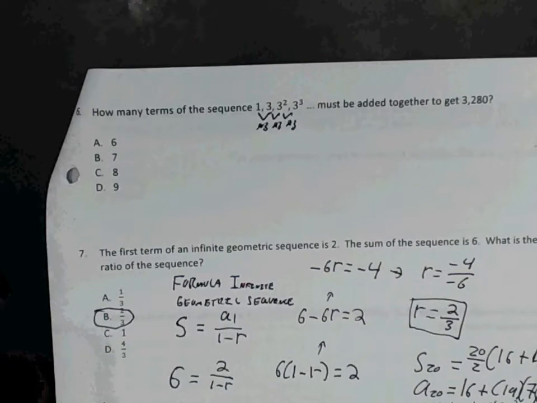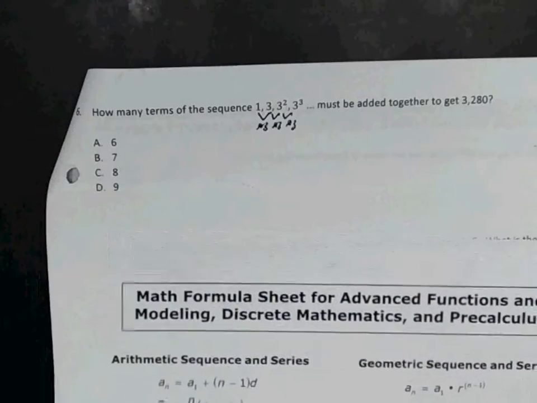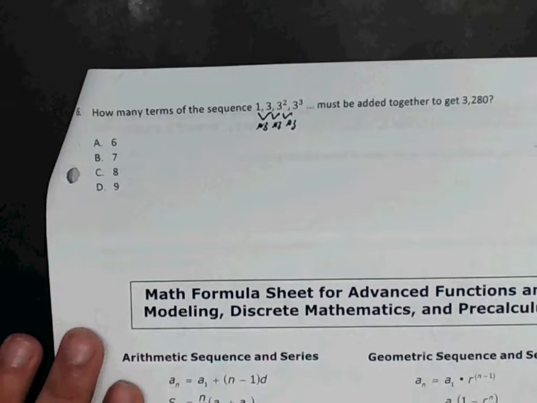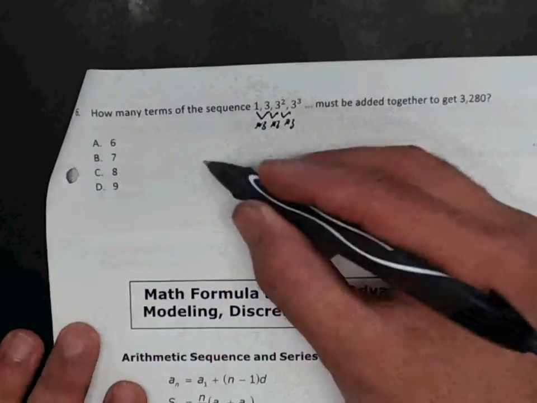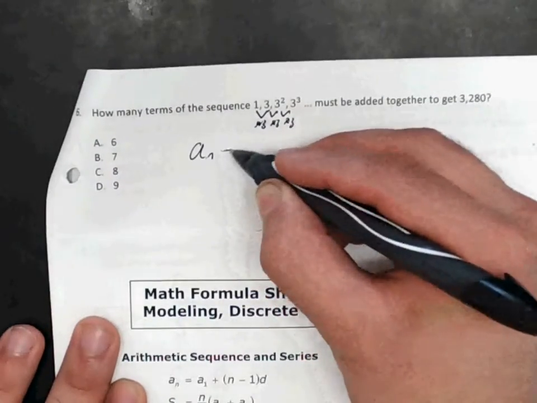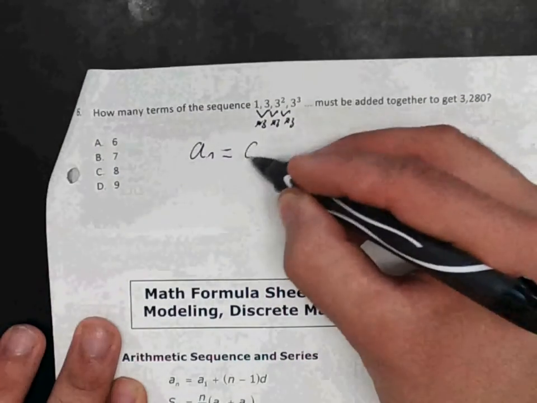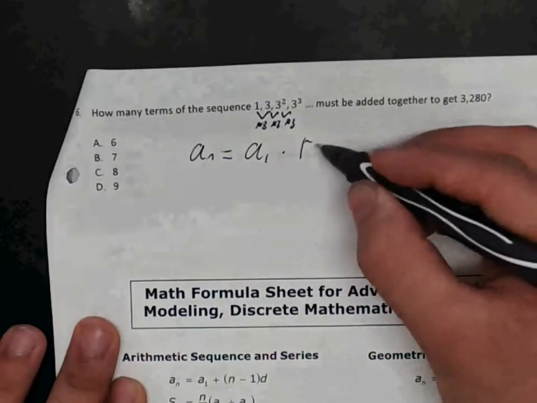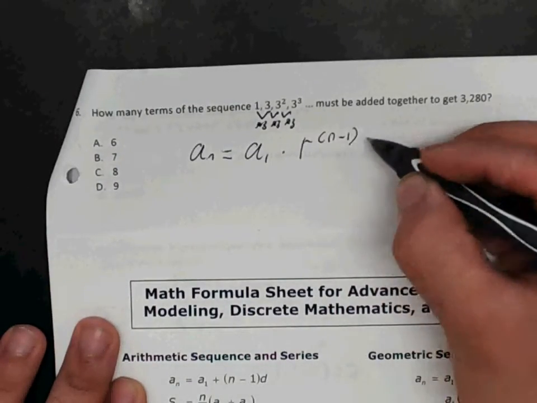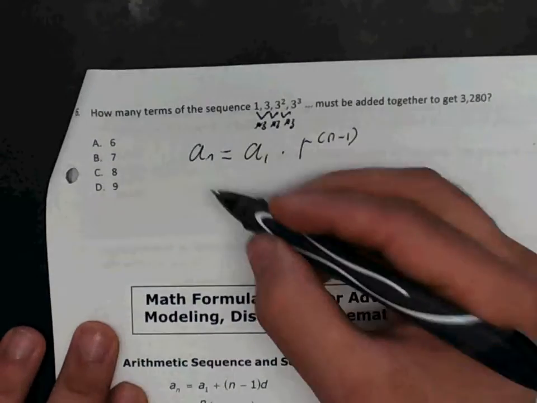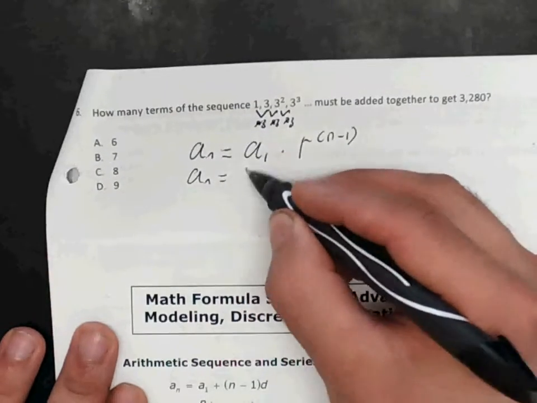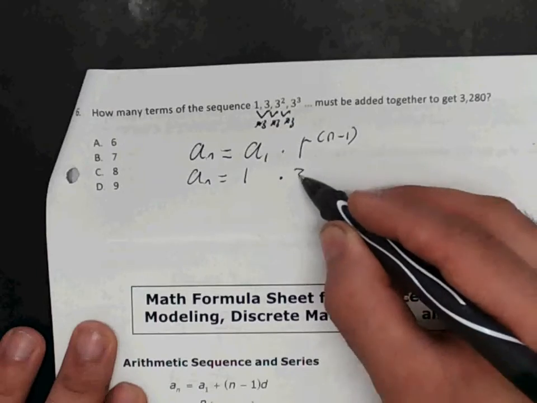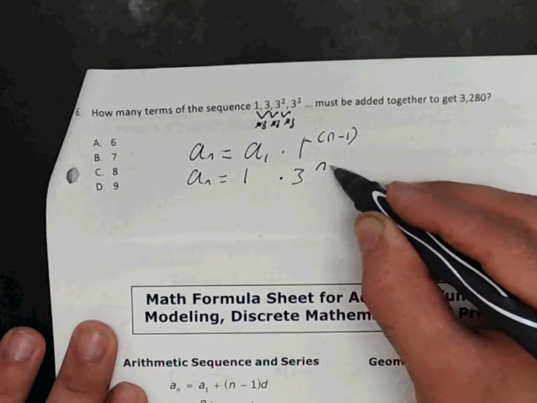So we use our formula. We know that for a geometric sequence, to find any term, an is equal to a1 times r to the n minus 1. In this case, an is going to be equal to 1 times 3 to the n minus 1.